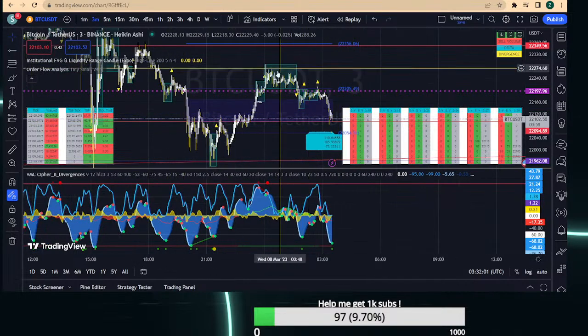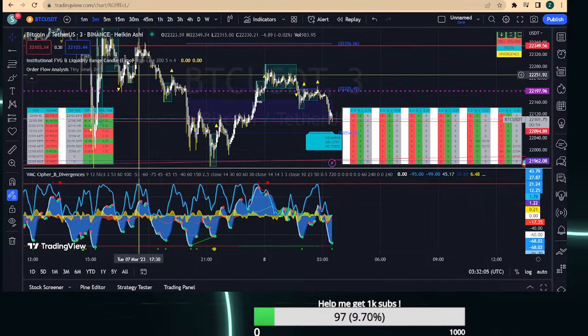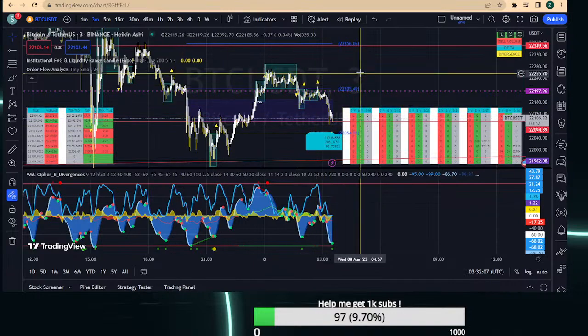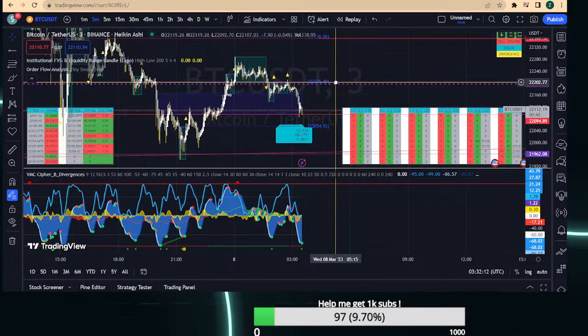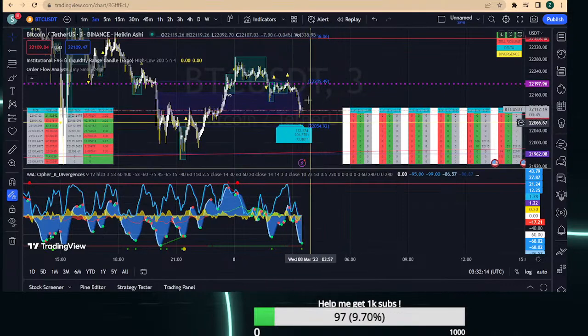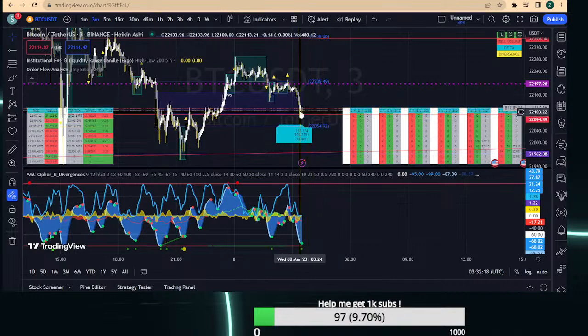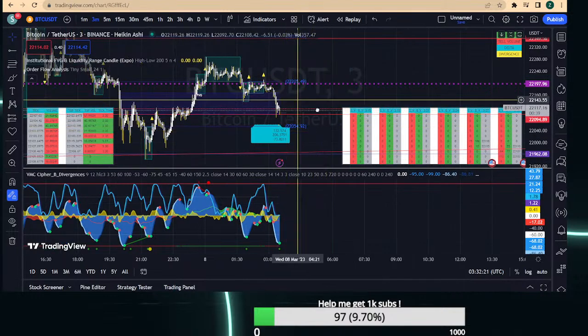Get to know price structure as well, higher lows, lower highs, where liquidity zones are going to be, and just do your research, right? You need to know what you're doing before you say, hey, I'm going to buy here just because some guy on the internet told me to. That doesn't mean that you should. You always got to do your own research.